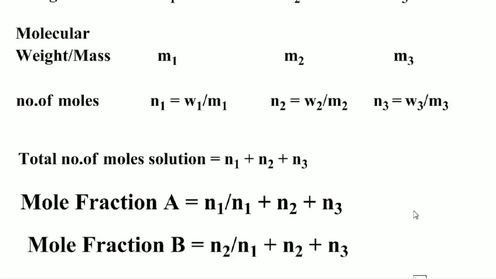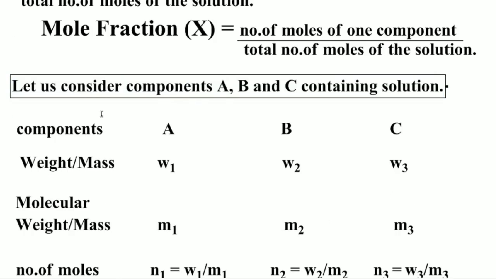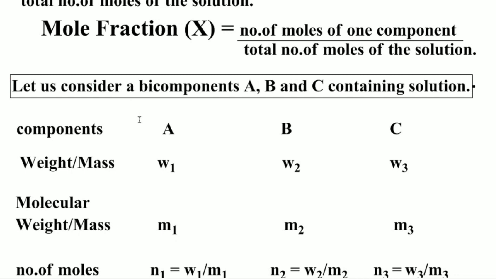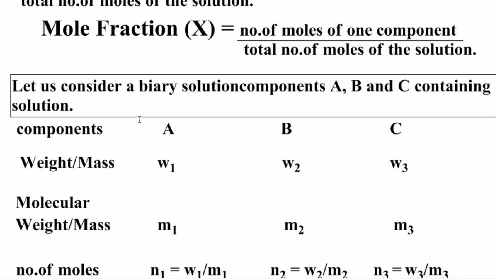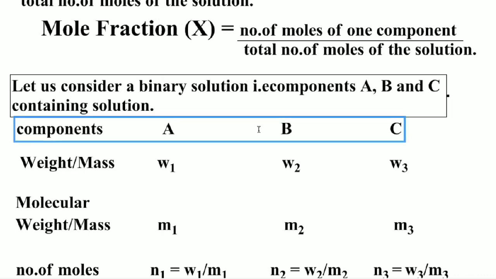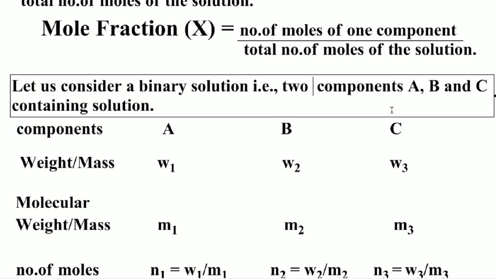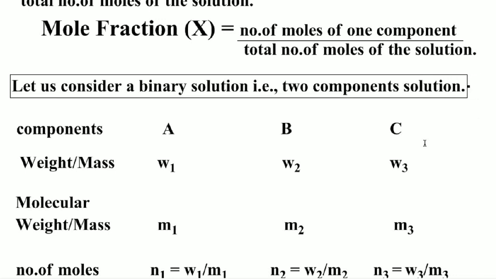For example, students, let us consider a binary solution. Here the binary solution means a solution which contains only two components, that is one component as solute and the other as solvent.